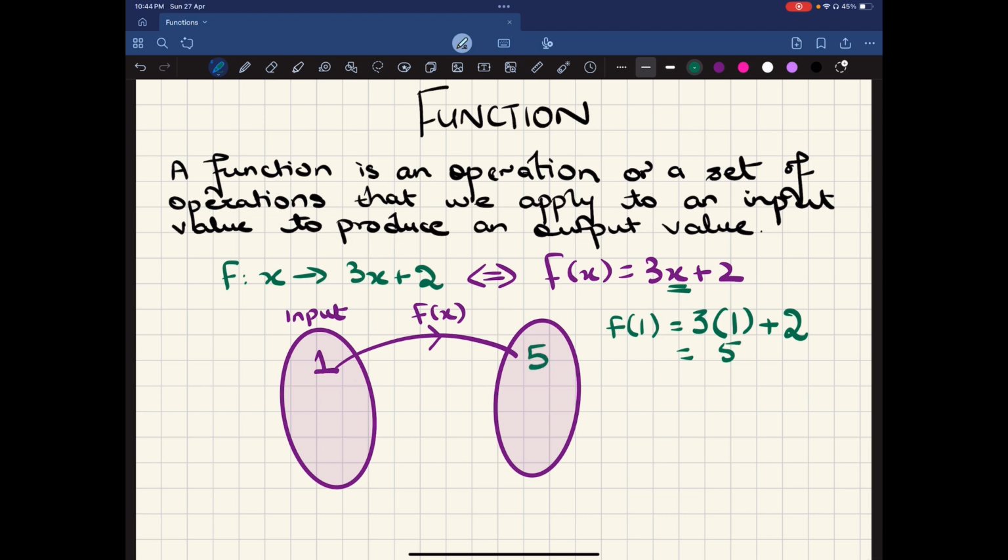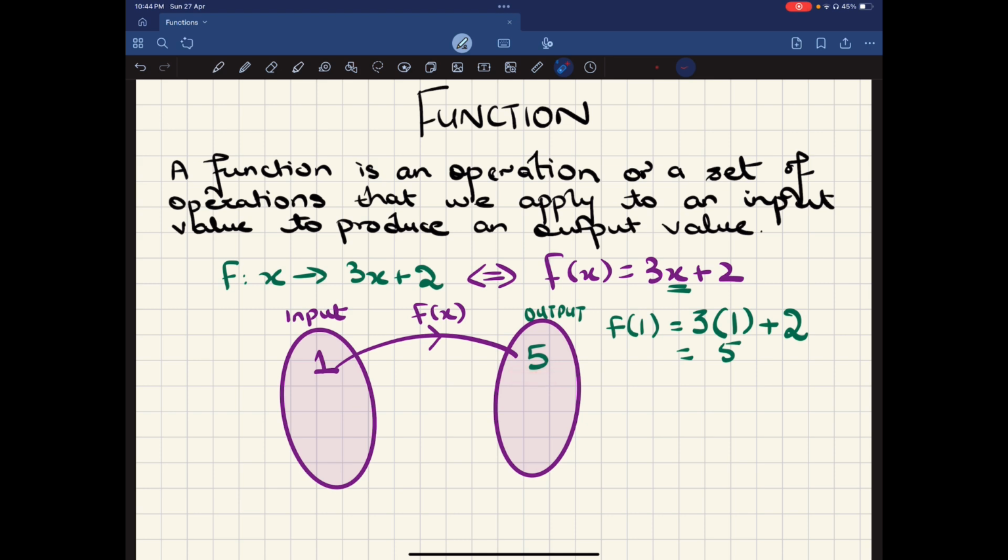This is our output. So this is the input. You input 1. You might remember that in earlier classes, this was represented as the function machine. You input something into the function machine and it performs a couple of operations and then you receive an output value.